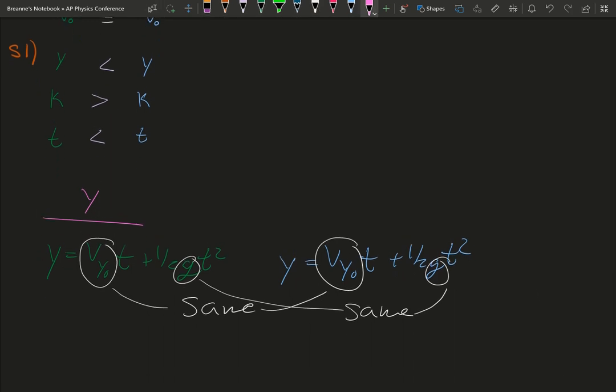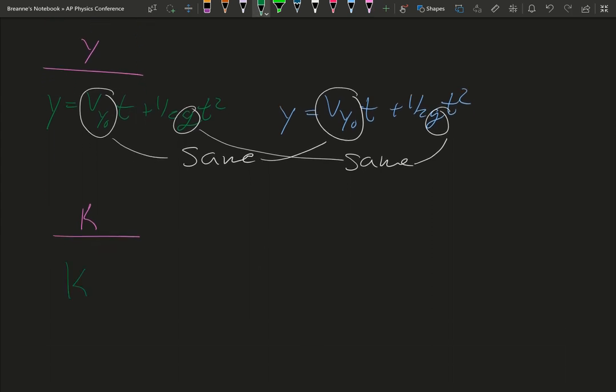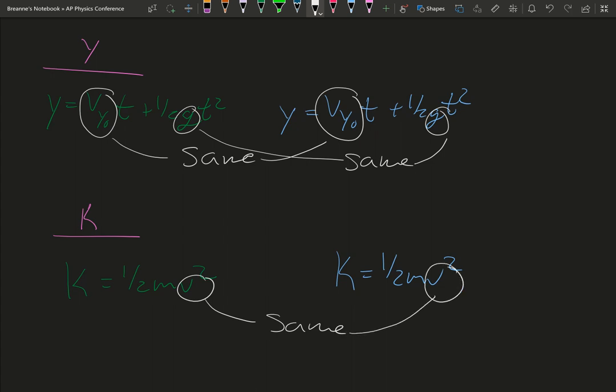But let's look at our kinetic energy equation. So our kinetic energy equation is K equals 1/2 m v squared. Our velocities are still the same, but our masses are not.